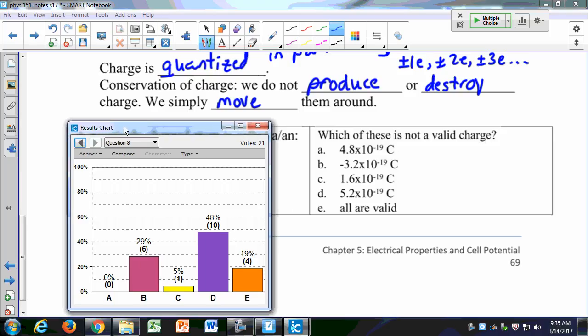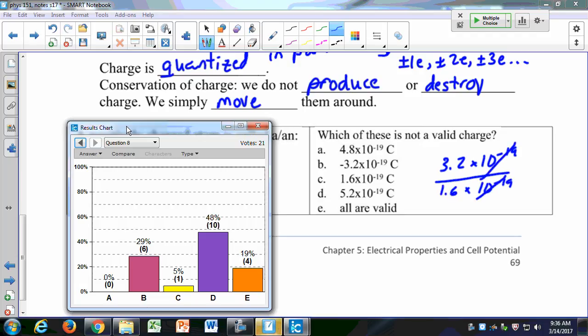Okay, good. I noticed that a lot of you put B. B has a negative, and so we haven't really shown these with negatives, but this number represents what types of charges? Well, first of all, it says 3.2 times 10 to the minus 19, and we know that our fundamental unit of charge is 1.6 times 10 to the minus 19.